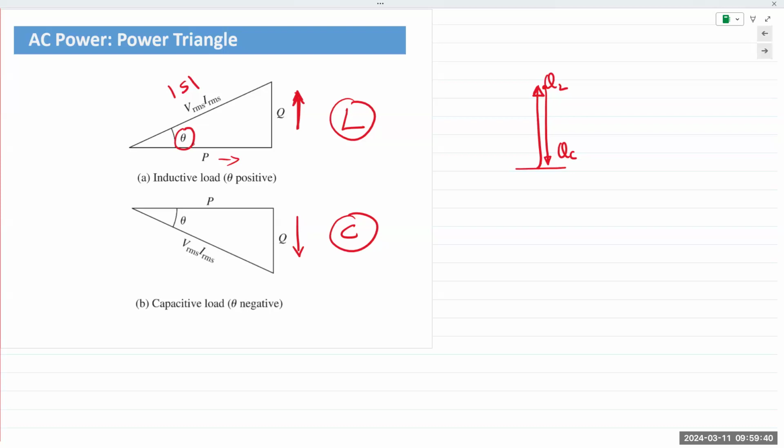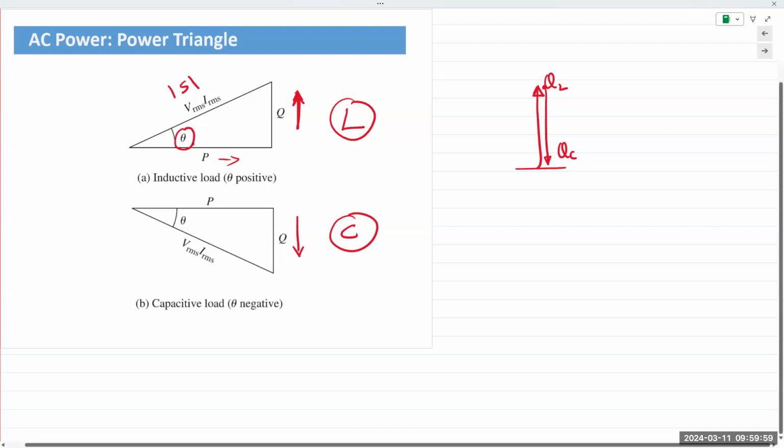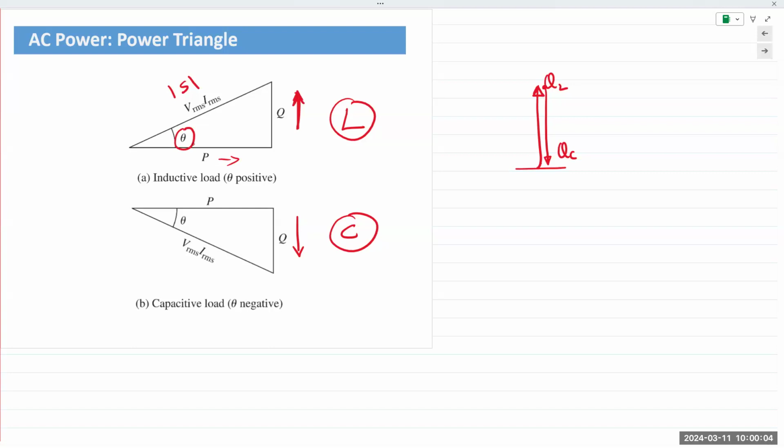And so you place a capacitor which has a fixed value, you try to get the angle as close to 0 as possible, but you also do not want to go on the other side. Make sense? Because the capacitor value will be fixed. You're not going to be able to change that capacitor value once it's installed. You can probably bring more capacitors online depending on the design of that circuit, but you cannot actually change the value of the capacitor a lot.